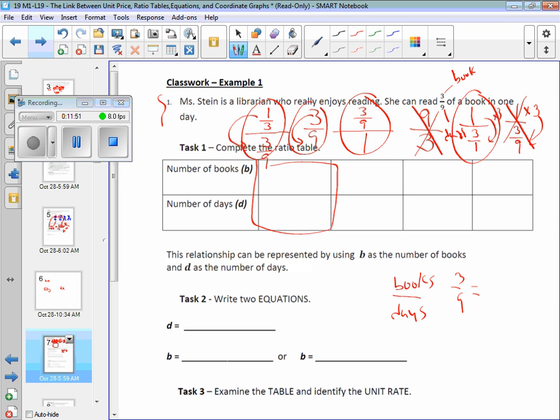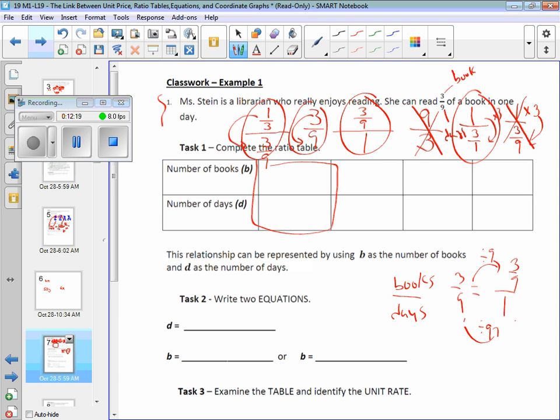And let's say I want to figure out how many books that is in one day. What do you have to divide by? Aiden? 9. Divide by 9. 9 divided by 9 is 1. Guess what? 3 divided by 9 is 3/9, which is 3/9 of a book in one day. Oh, that's cool. Well, yeah, kind of.